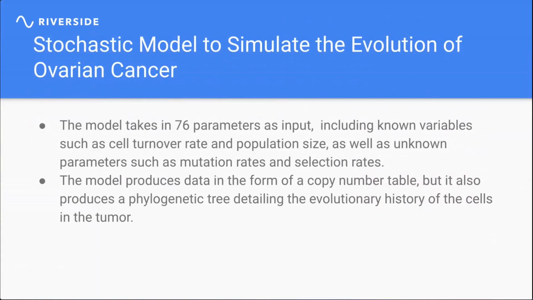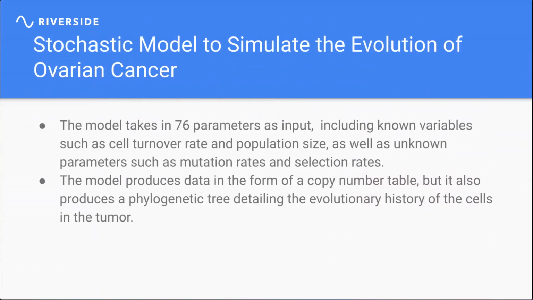And the selection rates are a conditional probability defined by: given a certain event occurring, what's the probability of a particular cell passing on its mutation or being destined for apoptosis.